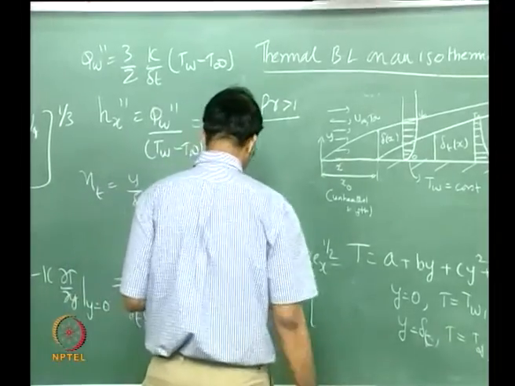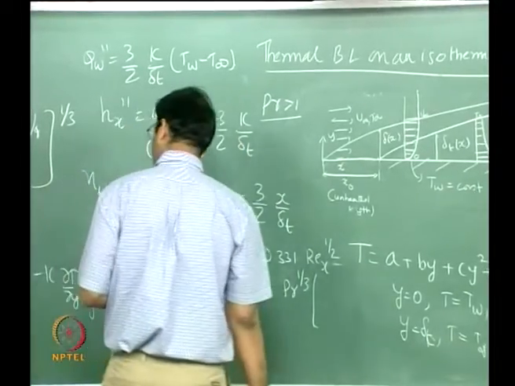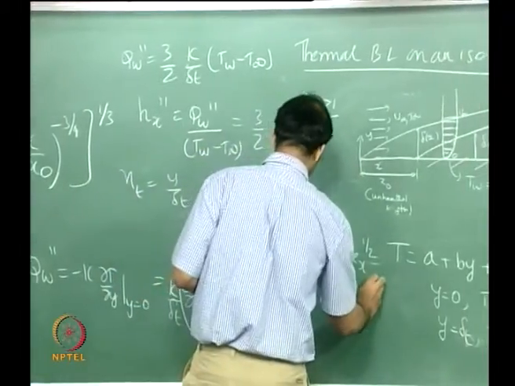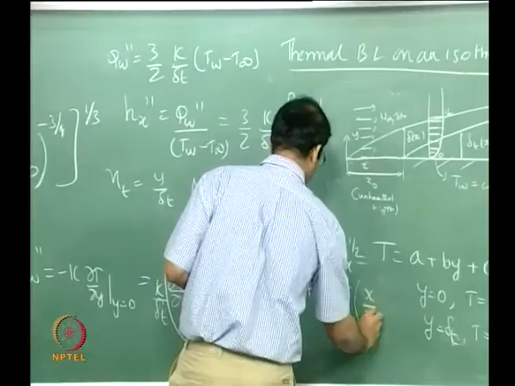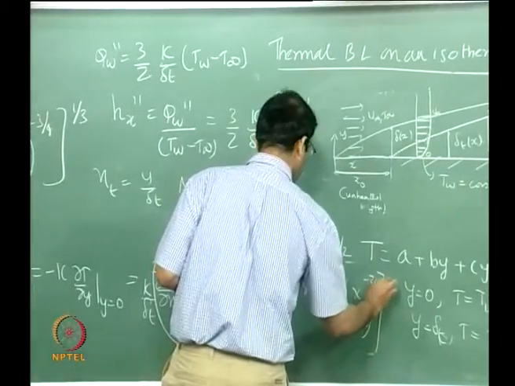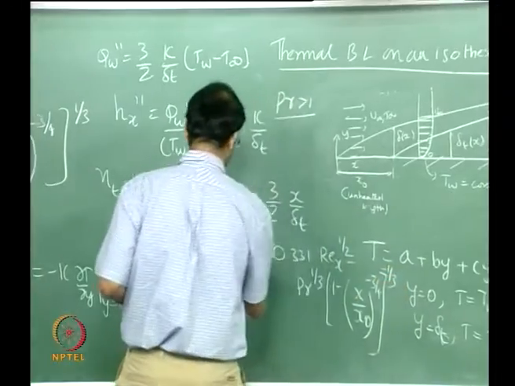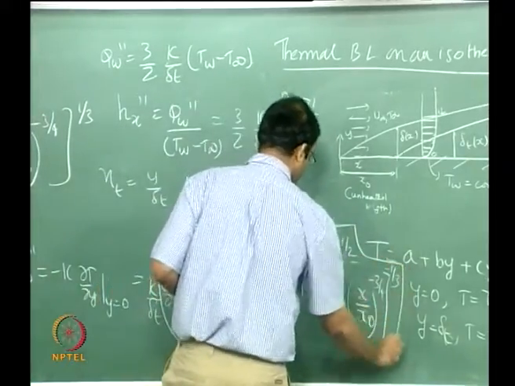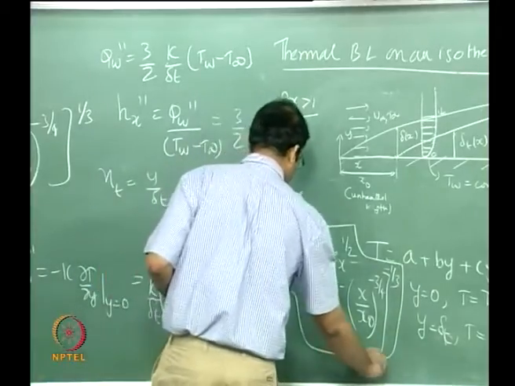In terms of the unheated starting length, this will also come as a factor 1 minus x by x naught to the power 3 by 4, to the power minus 1 by 3. So this will be the expression for the local variation of the Nusselt number.